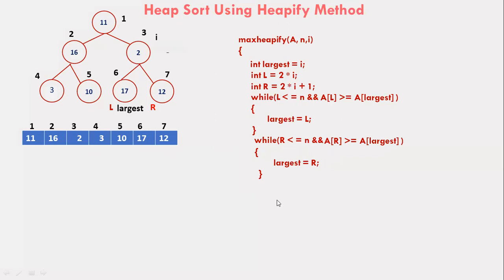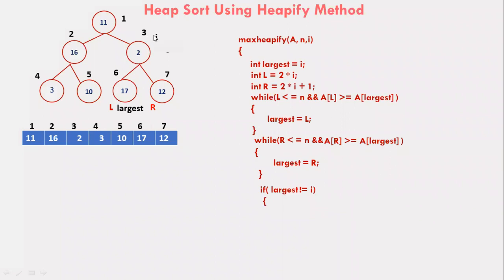So here we are going to check one more condition, that is if largest not equal to I. My largest value not being equal to I means there is a change in the largest value. Here the largest is 6, and the I value is still 3.